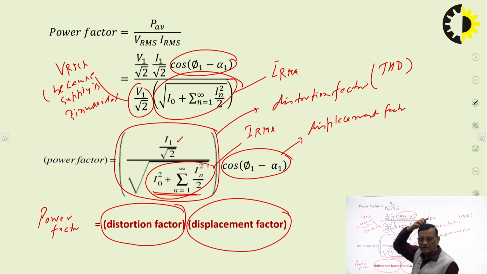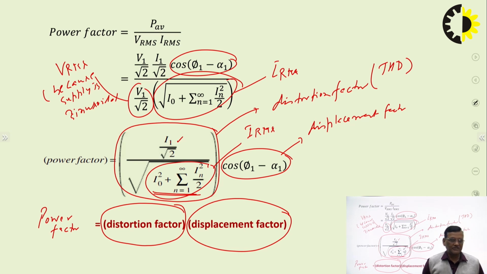We calculate the total harmonic distortion if the load is nonlinear, or if the supply is nonlinear. If the load is purely linear and the supply is nonlinear, then the current will also contain harmonics due to the presence of harmonic voltage. If the load is nonlinear and the supply is purely sinusoidal, then due to the nonlinearity in the load, it will again generate harmonic currents.